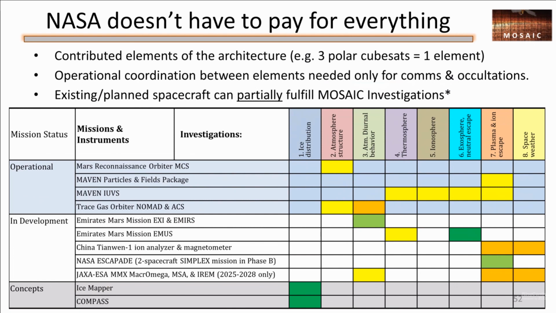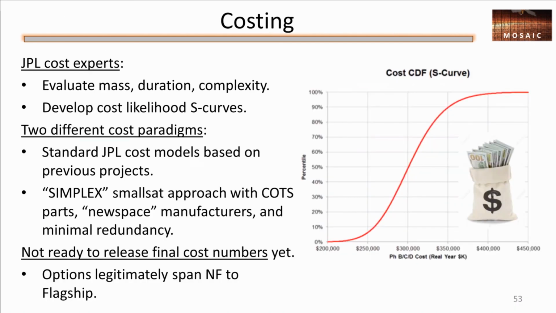The ESCAPADE mission, which is currently in phase B, it's not confirmed yet, but that would accomplish a lot of the magnetosphere goals. There's also the Japanese mission, MMX, which will be in Mars orbit for about 3 years, making measurements that are relevant to some of this too. And then, of course, there are concepts like the ice mapper that Wendy spoke about, and also the COMPASS Discovery proposal that would fulfill much of the ice mapping requirement here.